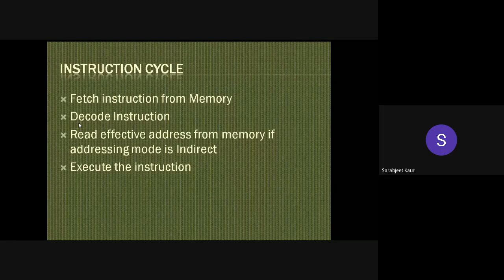There are generally four distinguishable phases, namely the fetch phase, wherein we fetch the instruction which is to be executed from the main memory, that is RAM, into the CPU.